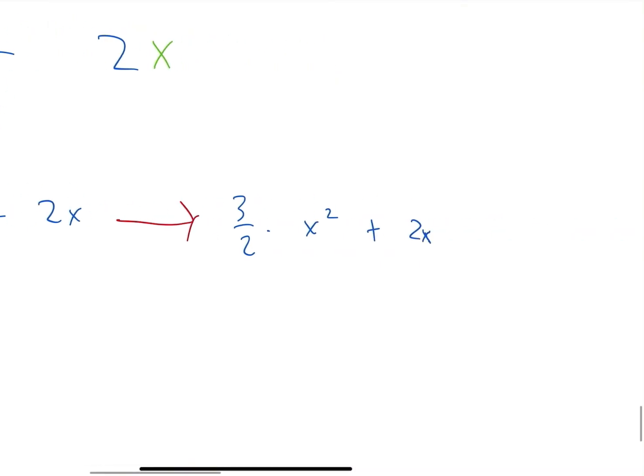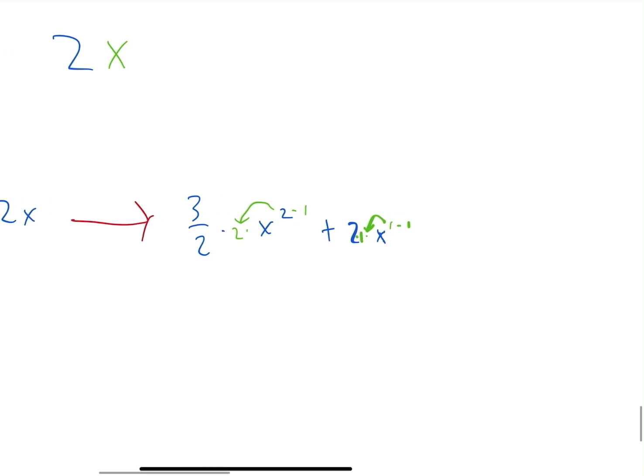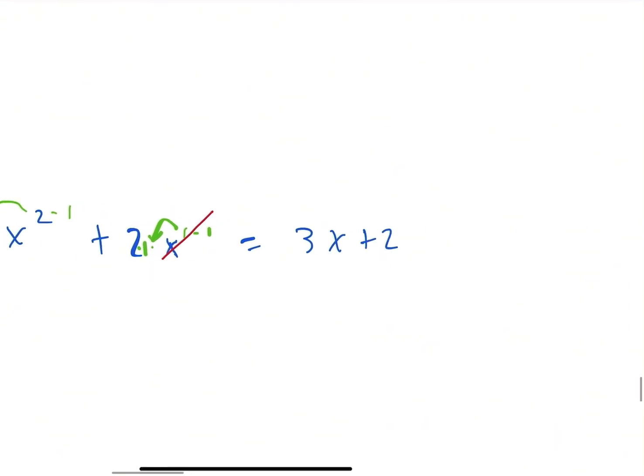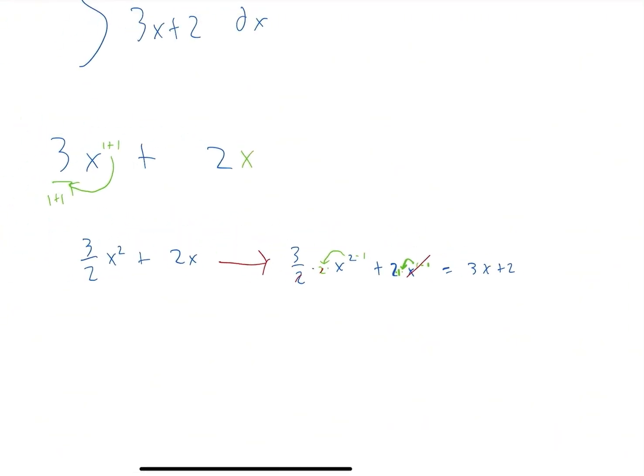If we move the exponent down and multiply by 2, and then subtract 1, and for the second term, we bring down and multiply by 1, and then subtract 1, well, the 2's would cancel out, and then this x would go to 0, and we would go back to 3x plus 2. That would be how you confirm it.